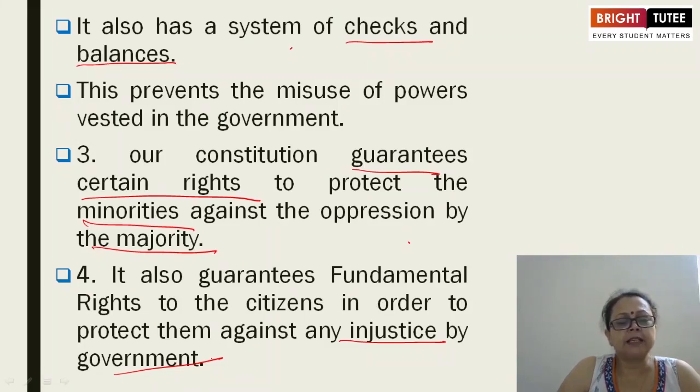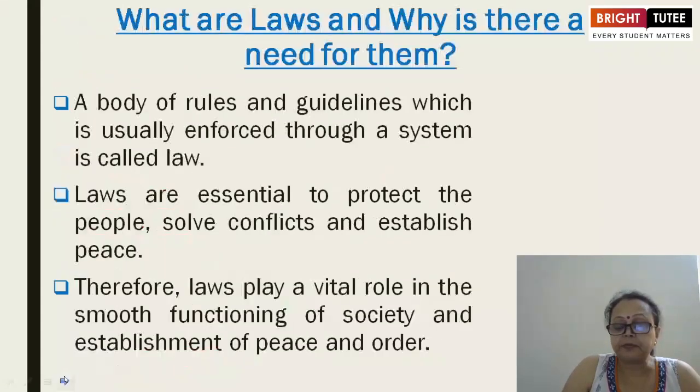If any citizen in our country feels that their fundamental right has been violated, even by the government or by any individual, then they have the right to move to the court of law. So this is about that. It also guarantees fundamental rights to the citizens in order to protect them against any injustice by the government.